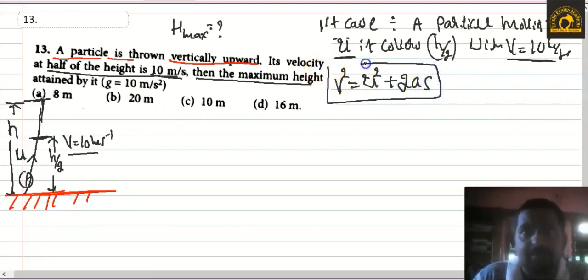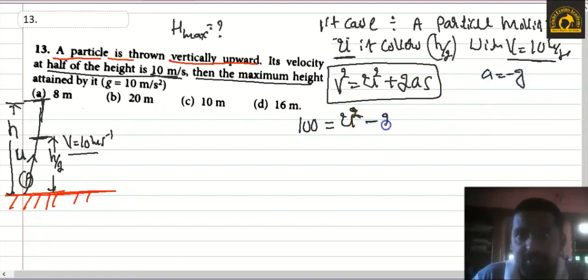So v square means 100 is equal to u square, and a is equal to minus g, since acceleration is downward. The height is h by 2. After simplifying, 100 is equal to u square minus gh.